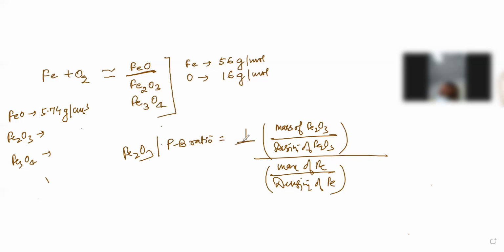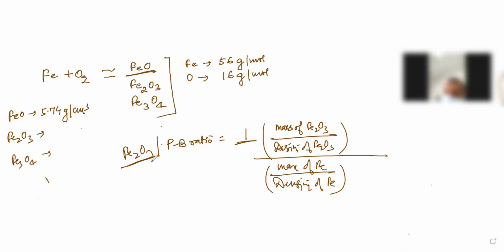And what is the factor? 1 divided by A. For Fe2O3, what will A be? Sorry for the disturbance. What is the value of A in the case of Fe2O3?